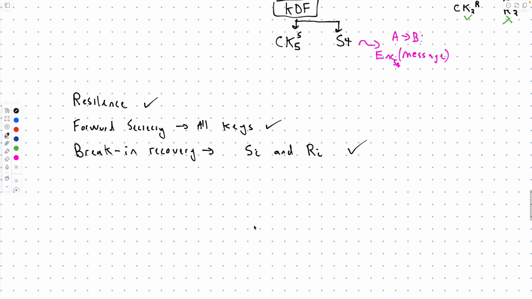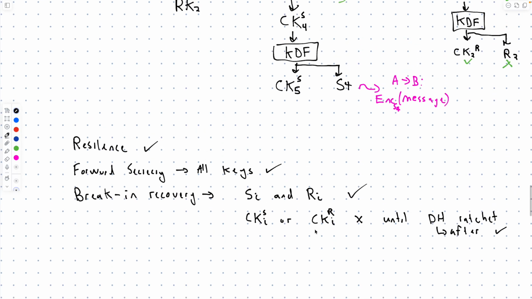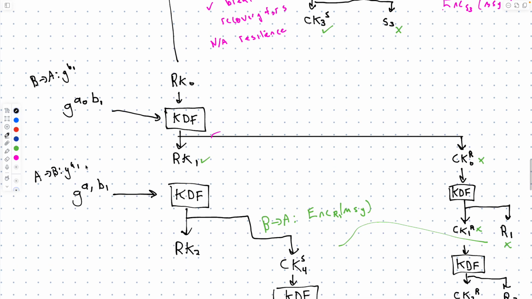If I steal the chain keys, either on the send or on the receive, I don't have it until we do another Diffie-Hellman ratchet, and then after that I do have it again. So until something happens here, I can break all future messages, but once something happens here, then I can't.